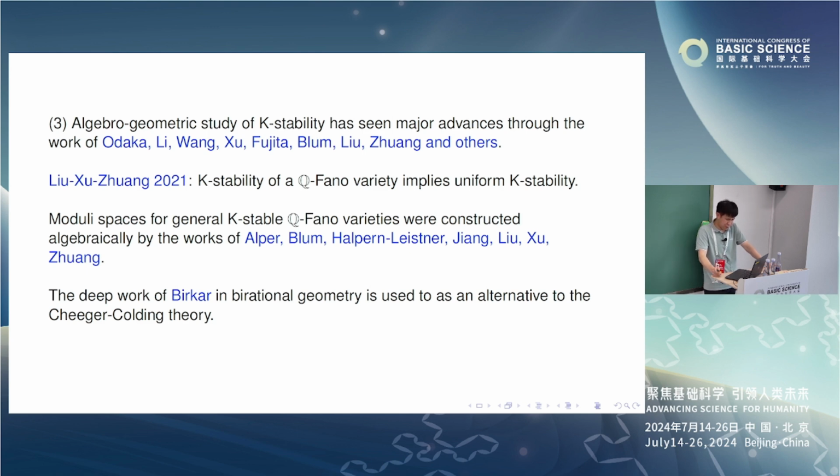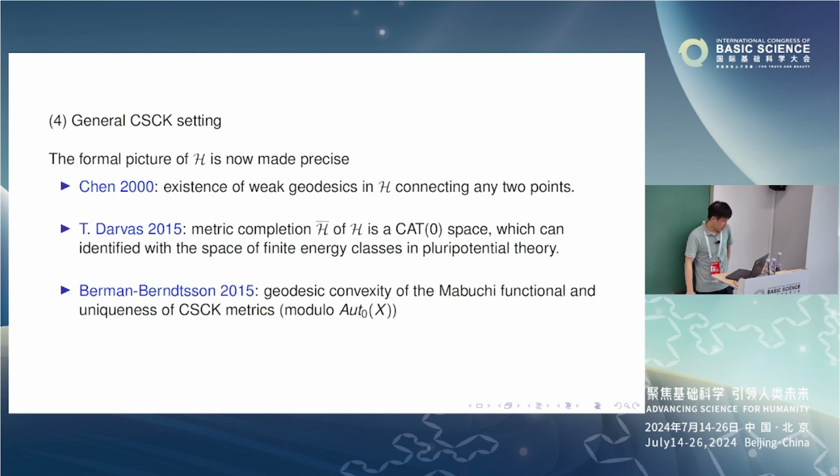The moduli space for general K-stable Q-Fano varieties was constructed algebraically by Xu and his collaborators. In the algebraic work, there is an alternative to the Cheeger-Colding convergence by the deep work of Birkar. And then there is the general cscK setting. The formal picture is now made precise.